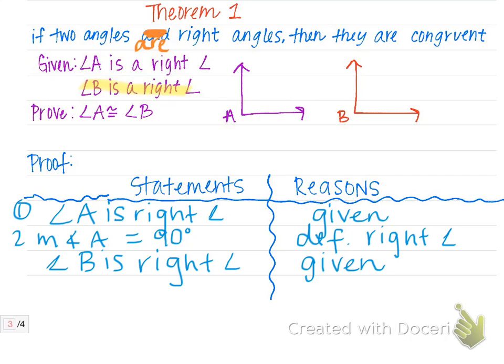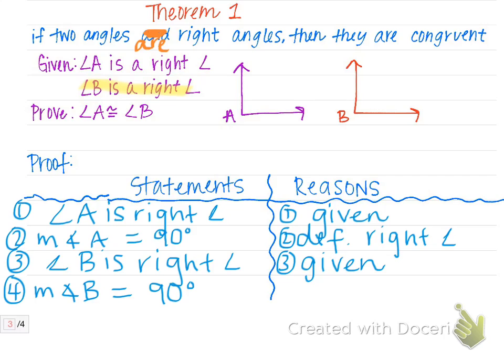So right now we have 3 statements and 3 reasons. Same as the measure of angle A, we know that the measure of angle B, since it's a right angle, is also going to be 90 degrees. And same reason, definition of a right angle.